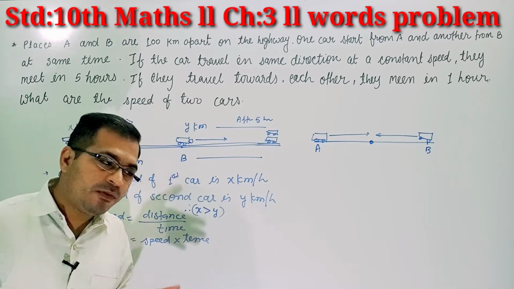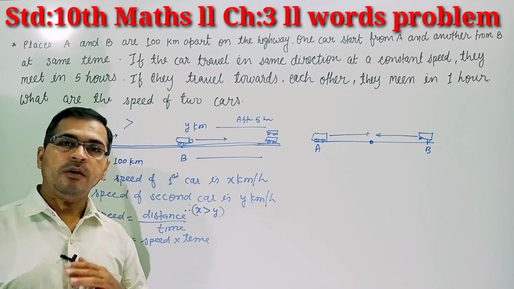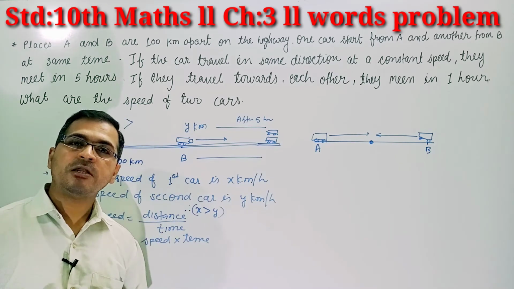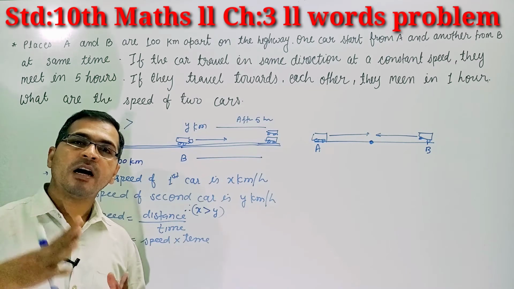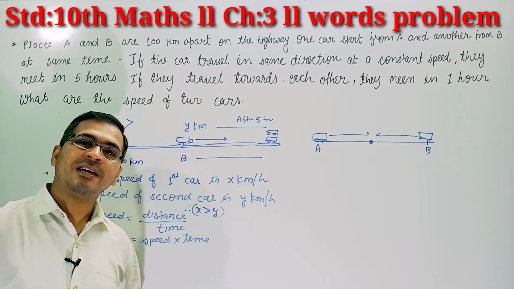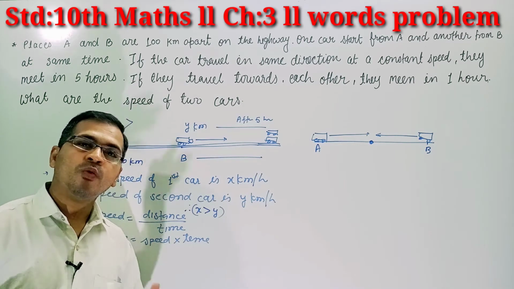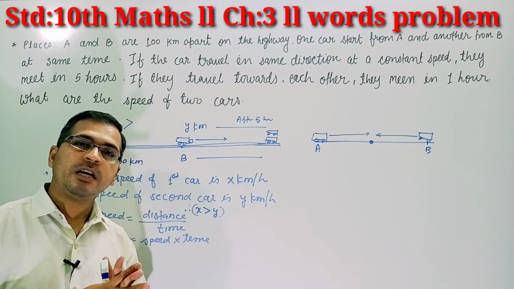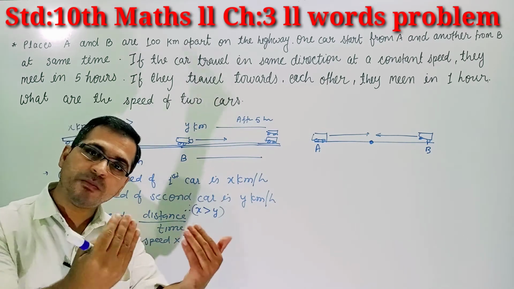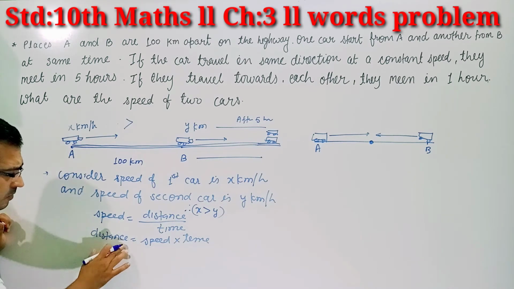If both trains are moving in the same direction and you consider yourself as the reference point, the speed of the second train will seem slow, and if you consider the second train, the first train will seem slow. If the movement of both objects is in the same direction, the relative speed will be reduced. So distance is what, students?